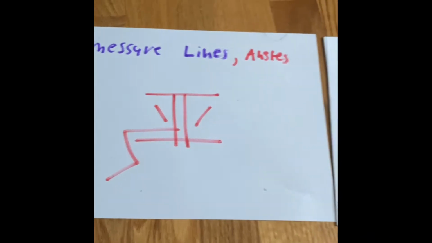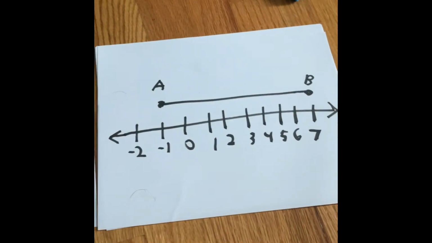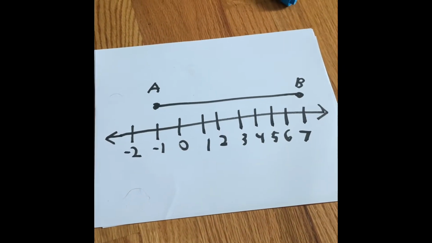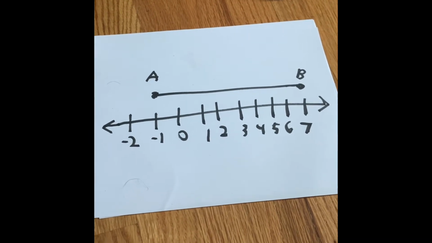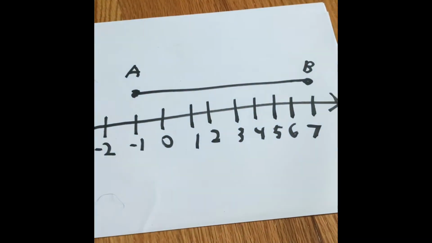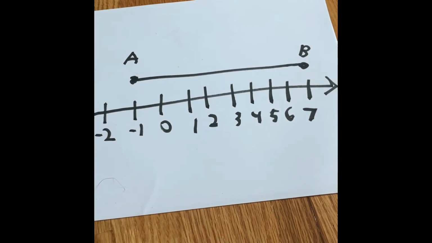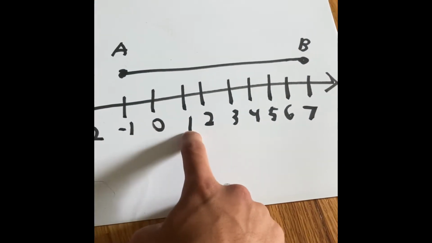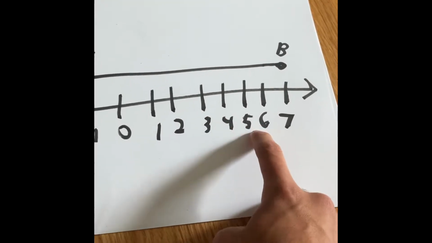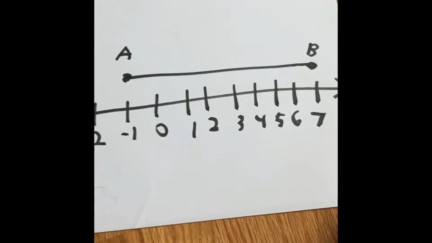So when you probably learned about measurements, you probably learned how to measure lines on a number line or on a ruler. For example, in this scenario, segment AB is 1, 2, 3, 4, 5, 6, 7, 8 units long.